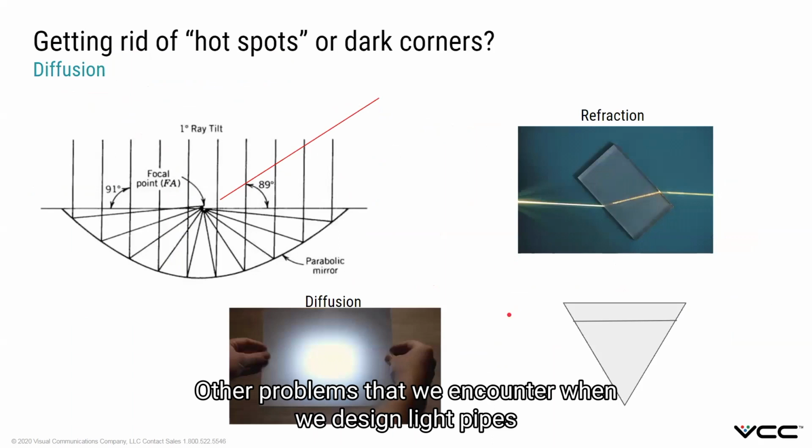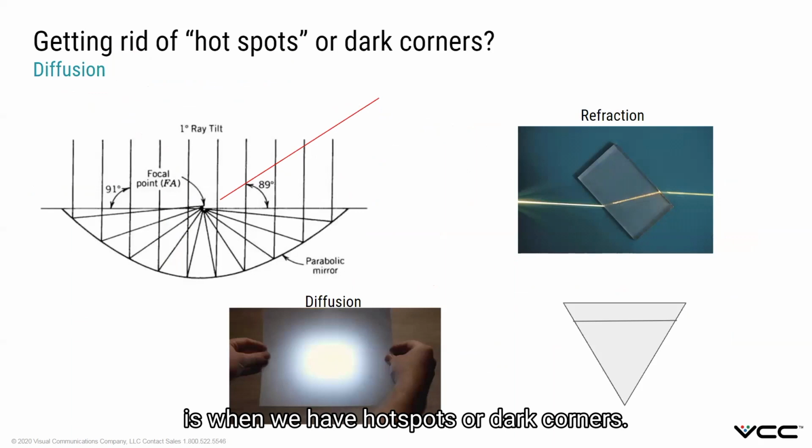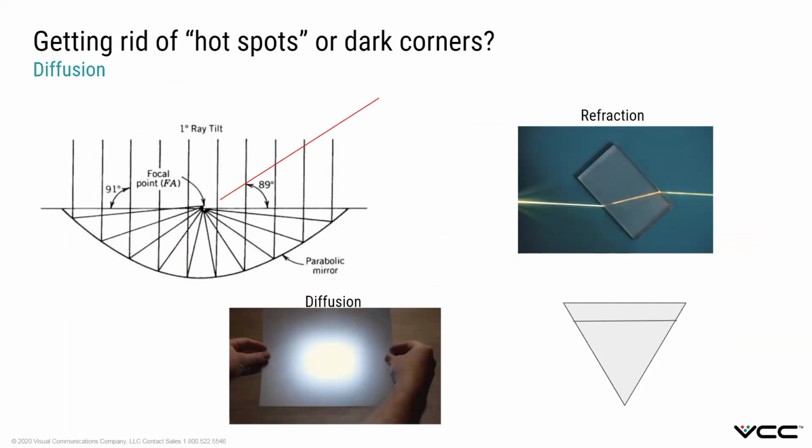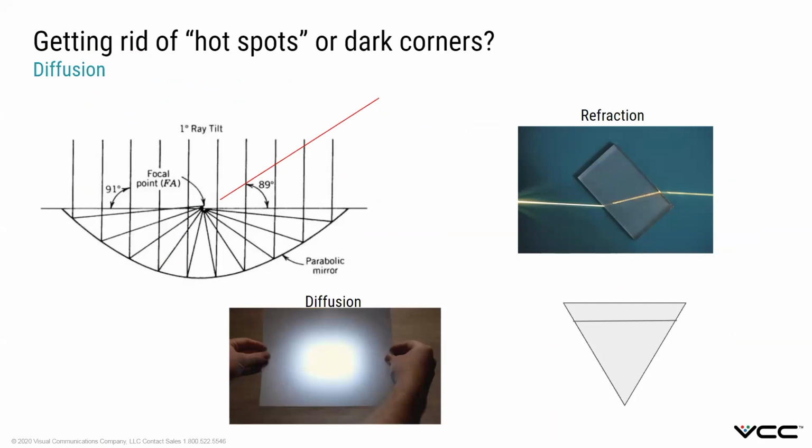Now, other problems that we encounter when we design light pipes is when we have what we call hotspots or dark corners. It appears mostly when your target surface is a wide area. When it's a small area, it's not apparent, because all you're looking at is a dot.